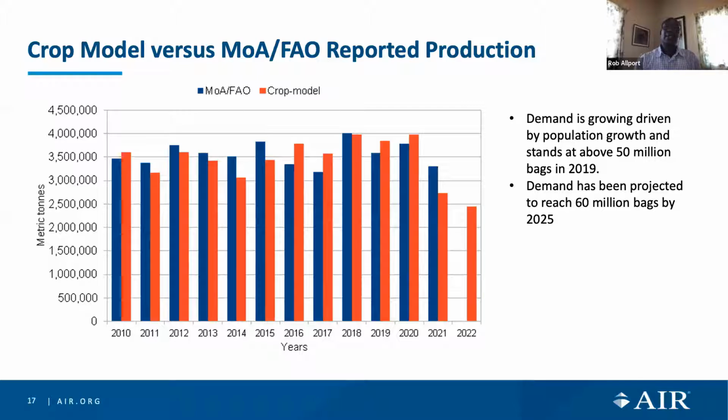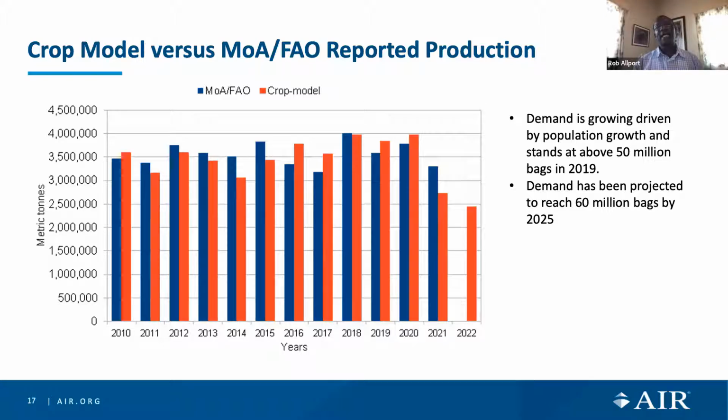According to the government data, the demand for maize is driven by population growth, as Robert Alport mentioned, that maize is the staple crop in Kenya for the majority of households. And this is going to change.